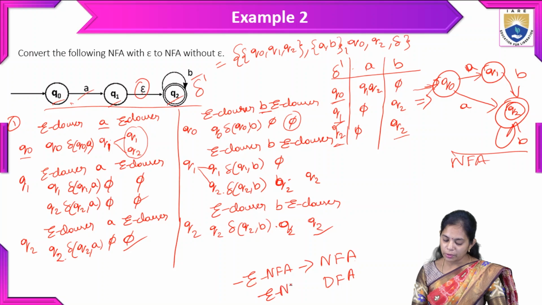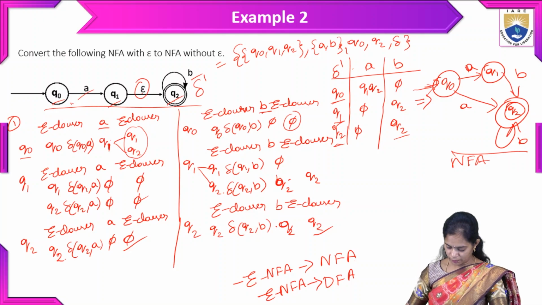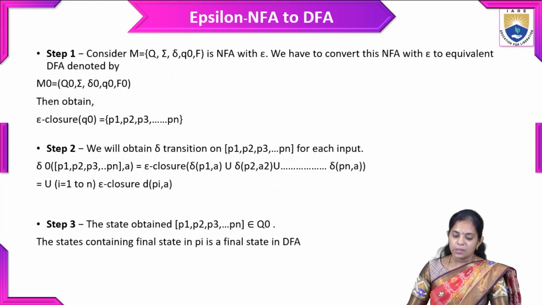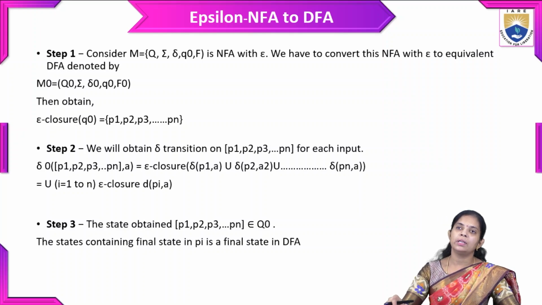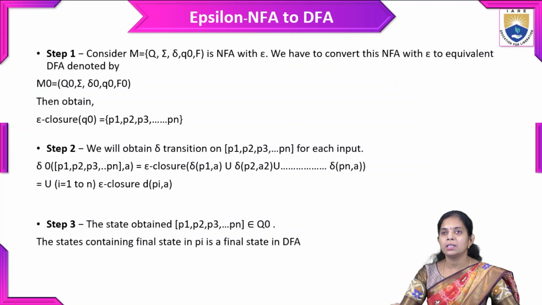So how to convert this epsilon NFA to a deterministic finite automata, we will see. Here are the steps we need to discuss, so that by considering these steps we can construct the DFA from the epsilon NFA.